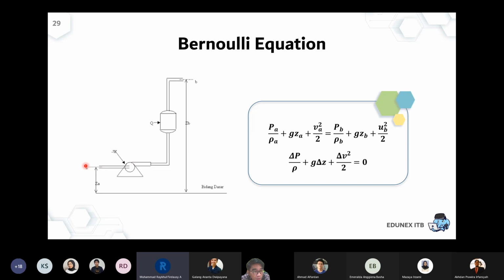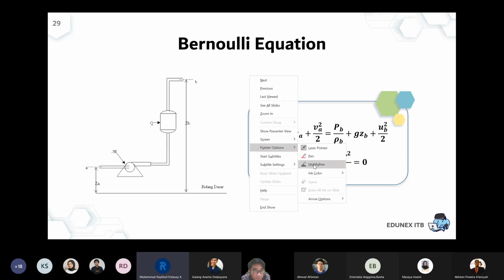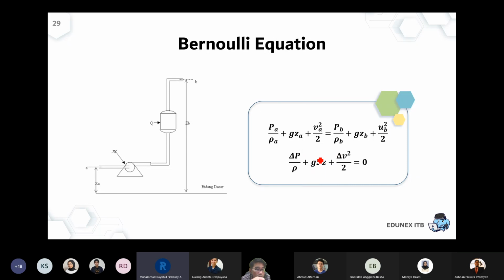If you have constant diameters, it means the diameter of the pipe is the same from point A until point B. If diameter A equals diameter B, the cross area at point A will also be the same as the cross area at point B. Please remember again the continuity equation.